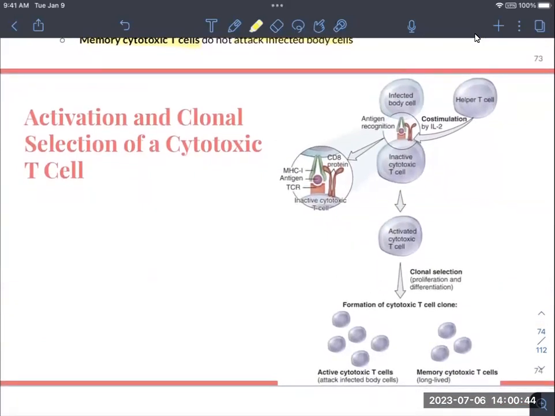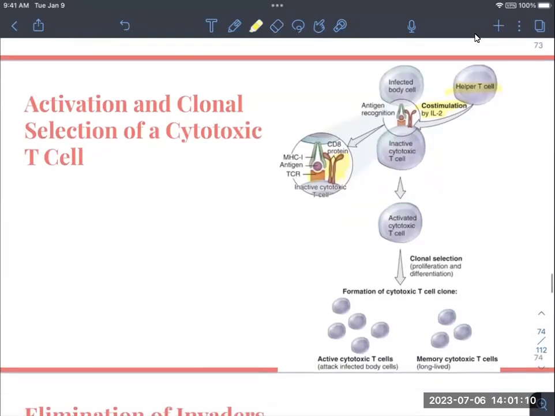So for these cells to be activated, they have to fit into the receptor, turn that lock and key. We need that interleukin 2 from that helper T cell to come in and also stimulate these cytotoxic T cells into proliferating, making many, many clones of themselves.